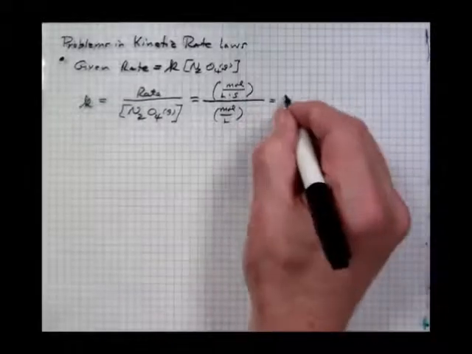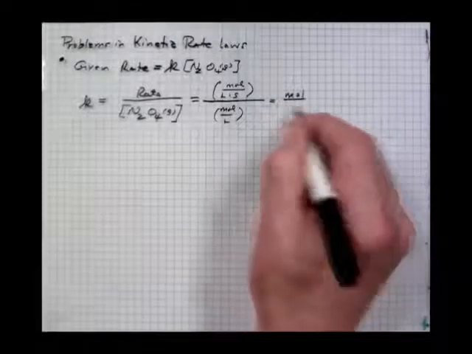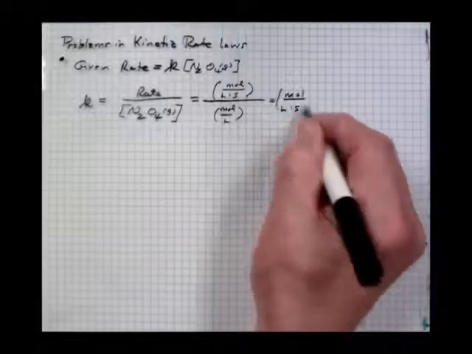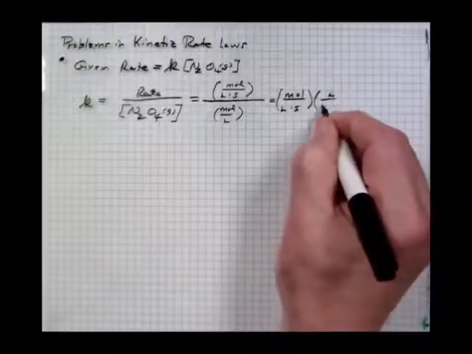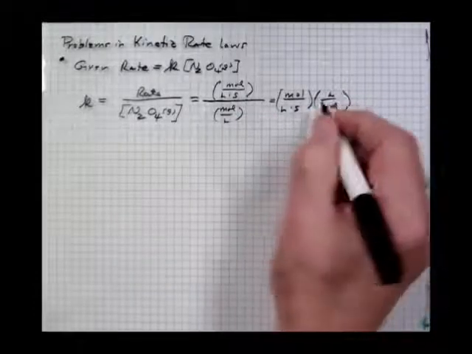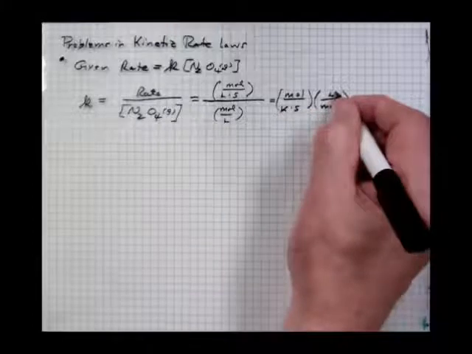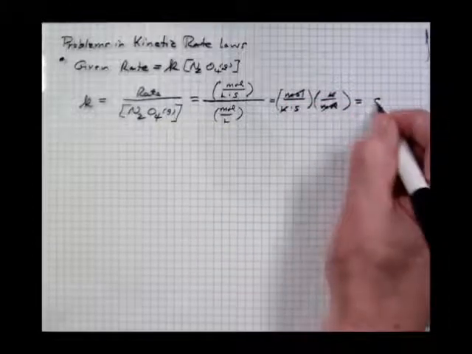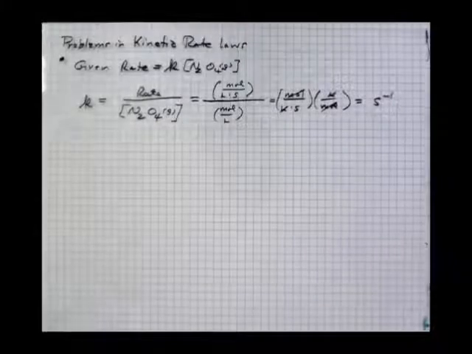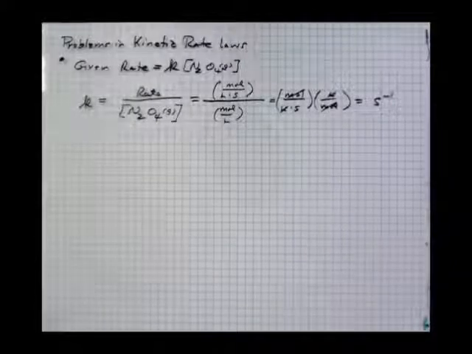Invert and multiply to make this clear. We'll rewrite that one. Invert and multiply, liters over moles. Okay, liters will drop out, moles will drop out. Aha, seconds to the -1 are the only units that wind up in the K value.